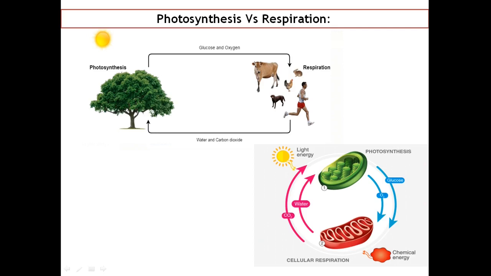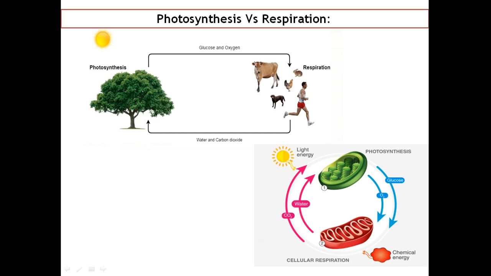Photosynthesis involves the use of energy from sunlight, water and carbon dioxide to produce glucose and oxygen, whereas respiration uses glucose and oxygen to produce carbon dioxide, water and energy. To emphasize this point, the equation for photosynthesis is the opposite of respiration.